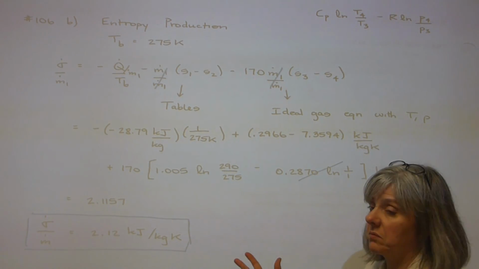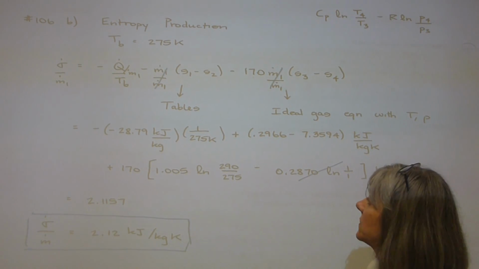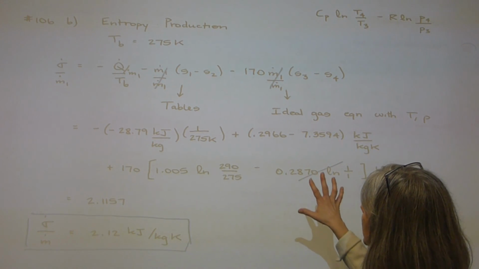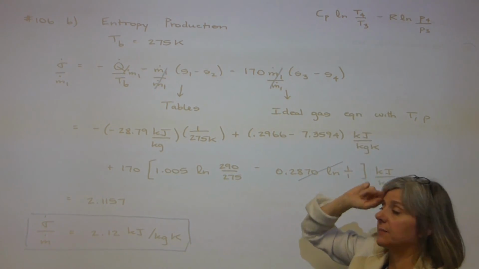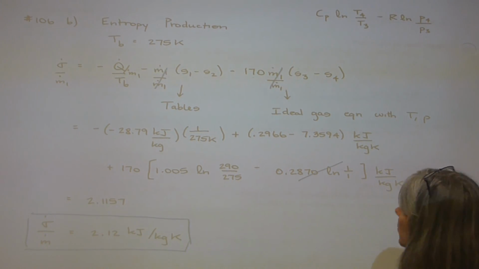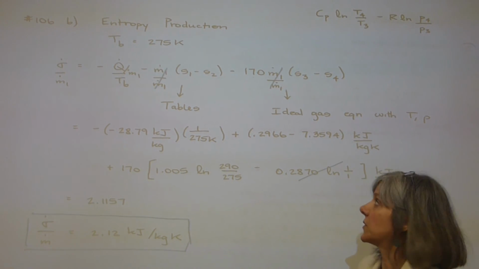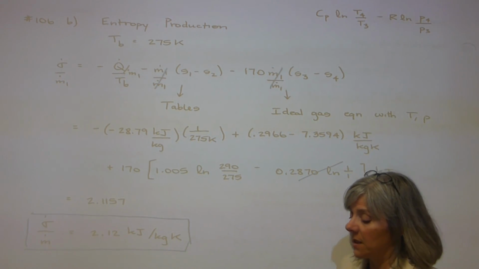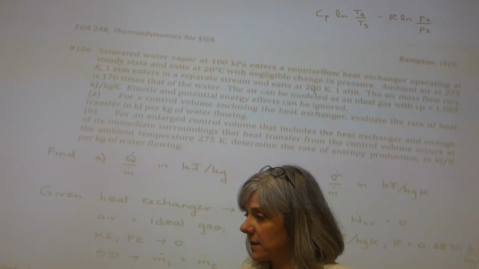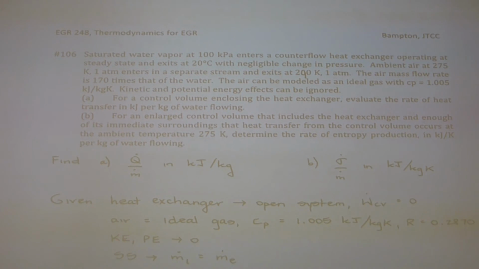So those work pretty much like the energy rate balance equations. And the only other thing is that anytime we have an ideal gas, we can use something like that. And again, that works best when the change in temperature is not very great, so that C sub P is approximately constant. Okay, so I think that's it.